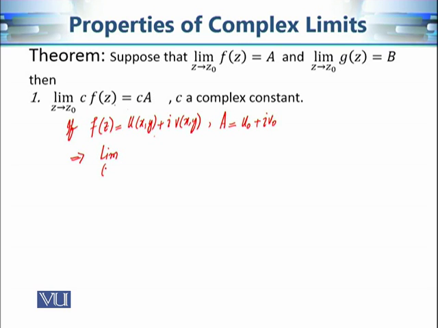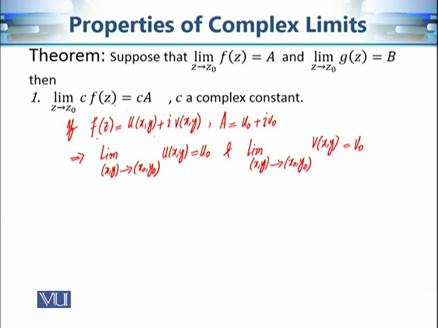The limit as xy approaches x0 y0 of u of xy should be equal to u0, and the limit as xy approaches x0 y0 of this function v of xy should be equal to v0.